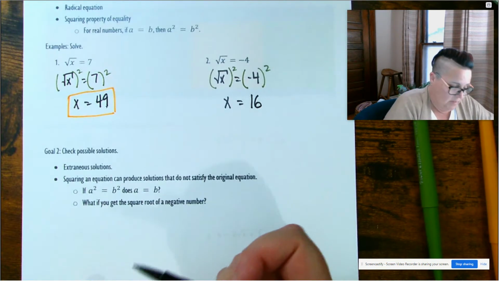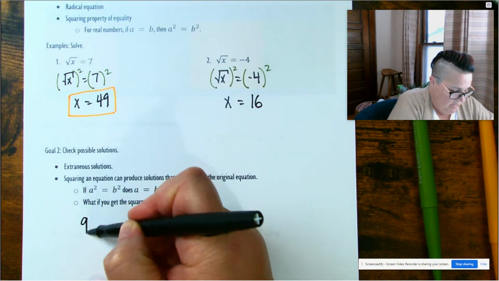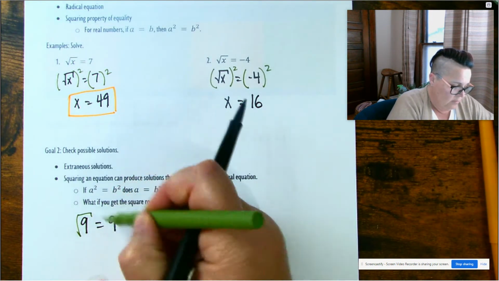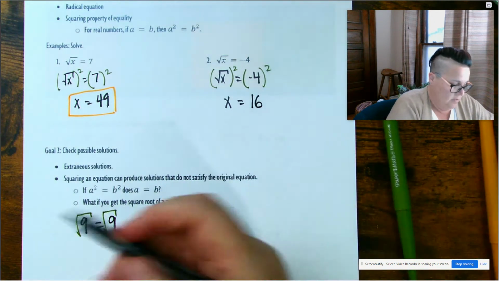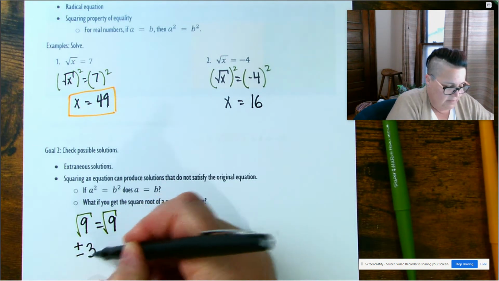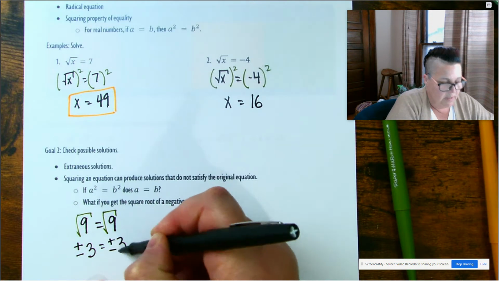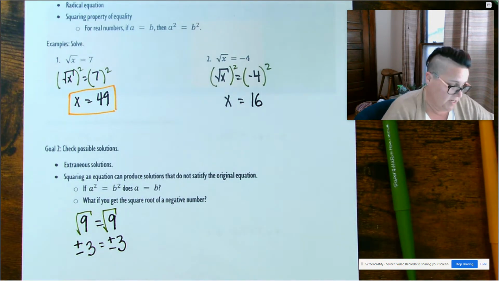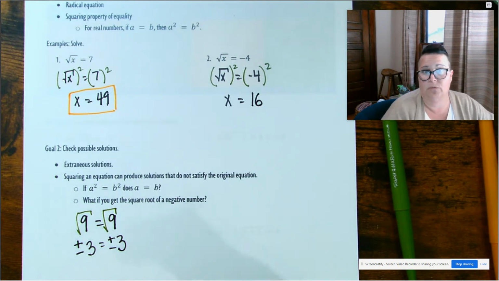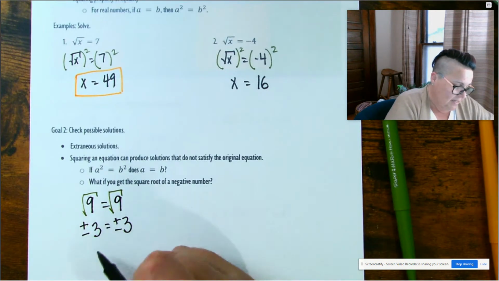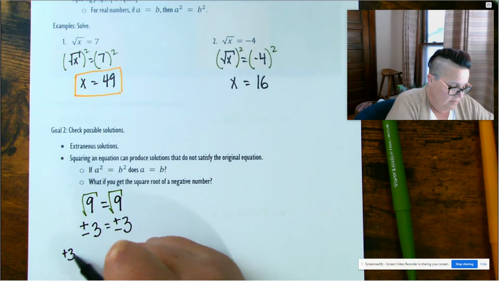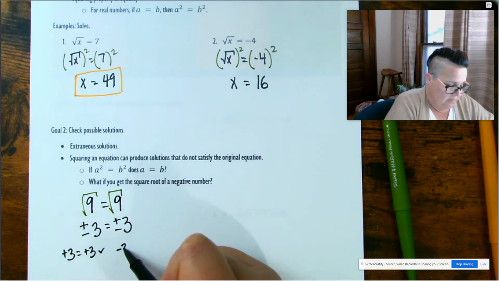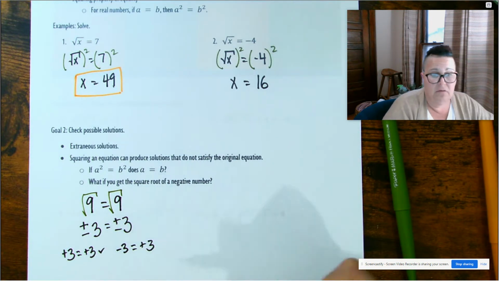Here's something to think about. Let's say you have 9 equal to 9. This is fine. If I take the square root of both sides, technically I have plus or minus 3 equal to plus or minus 3, because each square root is either positive or negative, right? So on first blush, this seems to be true. But what we're saying is that in all combinations, positive 3 is equal to positive 3. That one checks. But I could use a negative 3 equal to a positive 3.